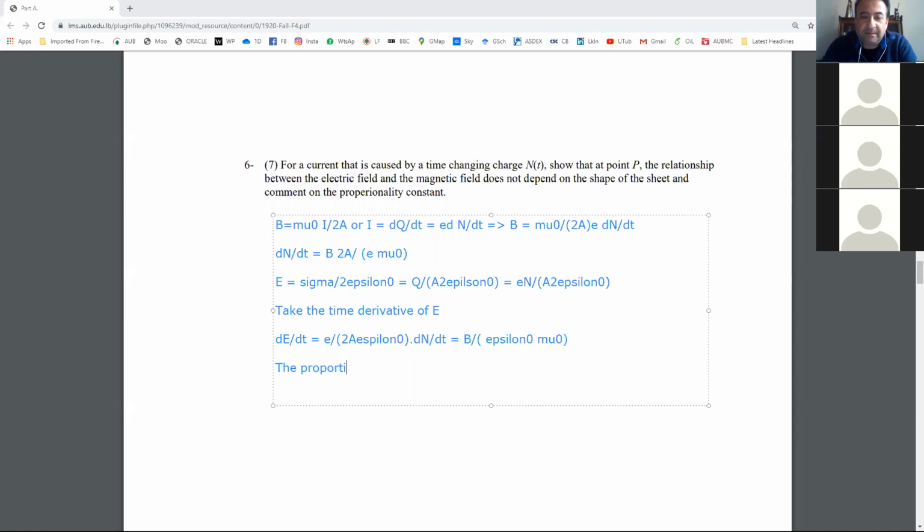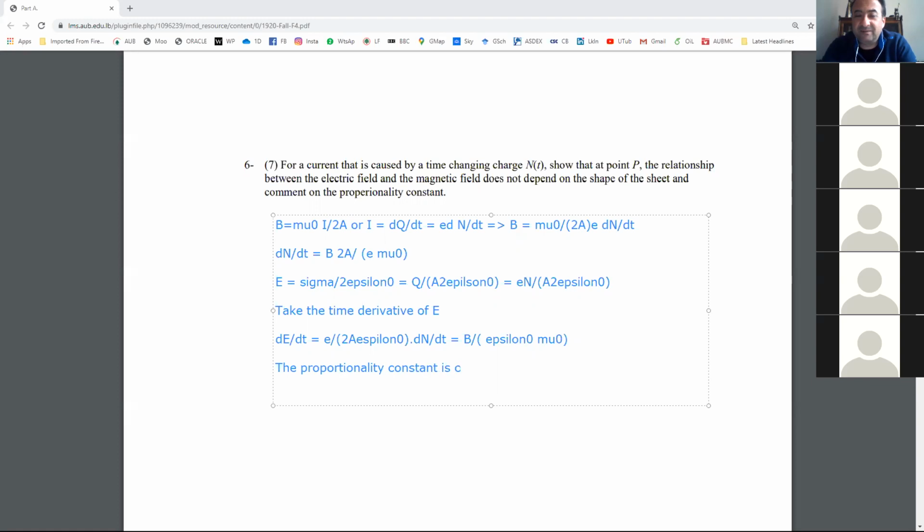The proportionality constant is actually the speed of light, c squared. So that was the tough part of this problem, of this exam.